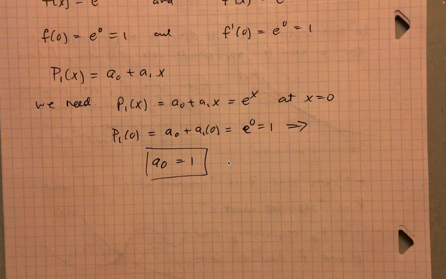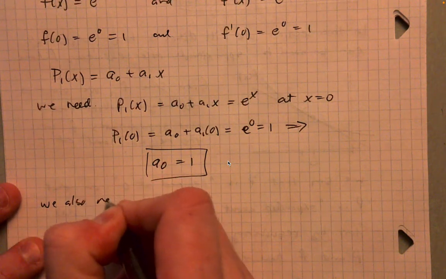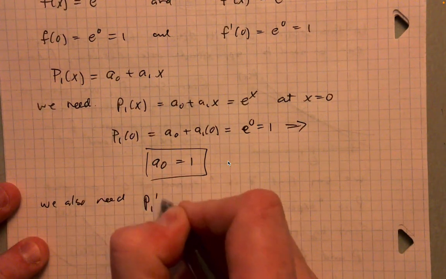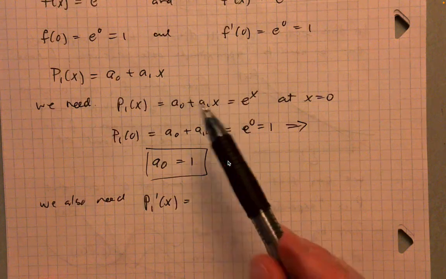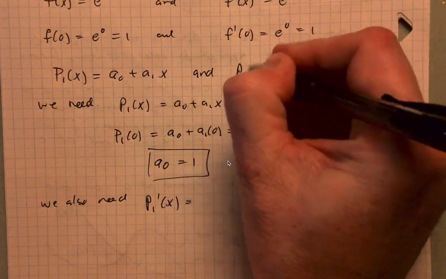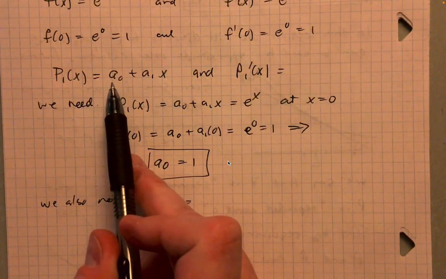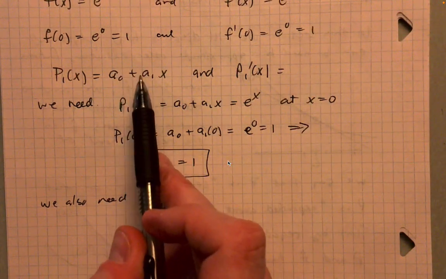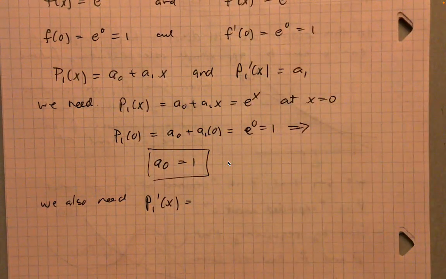Now we also need the derivatives to agree. So we also need P1 prime of x, which we can figure out quickly. The derivative of a0 is 0, since it's a constant, and a1 times x has derivative a1.